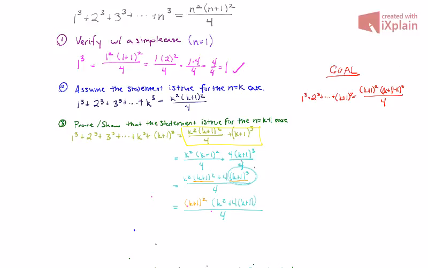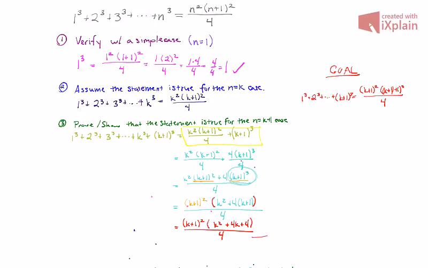I'm going to continue this in red, because we're almost done. If we were to finish this out, we would have k plus 1 squared. If we clean up what's going on on the inside of that quantity that I'm going to highlight in red, we would have k squared plus 4k plus 4 all over 4.